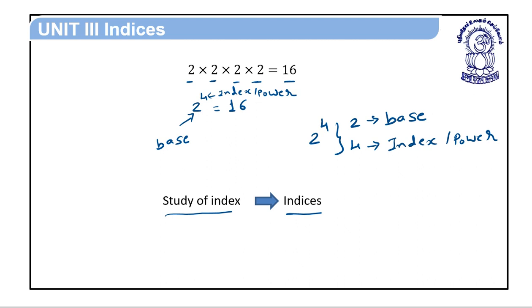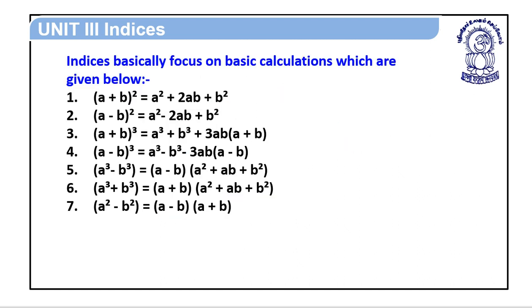Now, indices basically focus on basic calculations which are given below. (a plus b) whole square is equal to a square plus 2ab plus b square. (a minus b) whole square is equal to a square minus 2ab plus b square. Same way, (a plus b) cube is equal to a cube plus b cube plus 3ab into (a plus b).